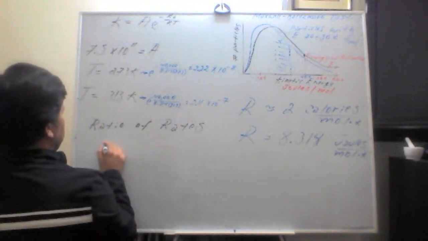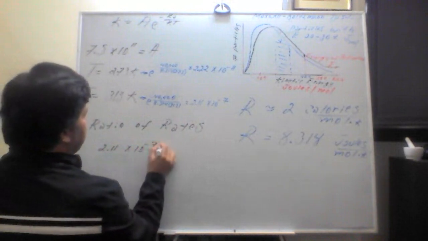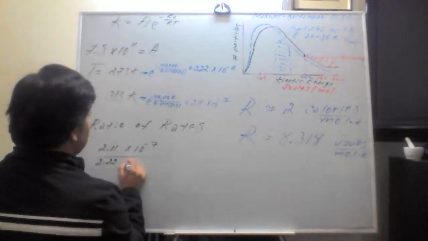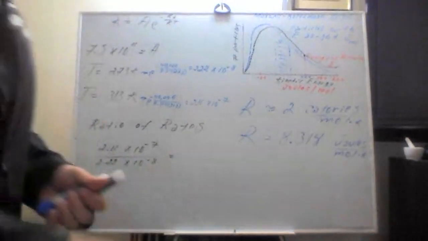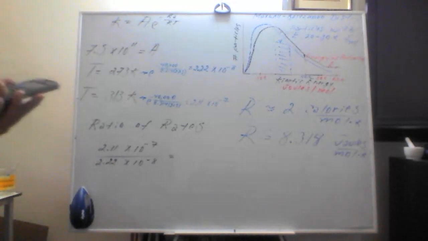So 2.11 times 10 to the minus 7 divided by 2.22 times 10 to the minus 8. Okay, you get a 9.5 there.